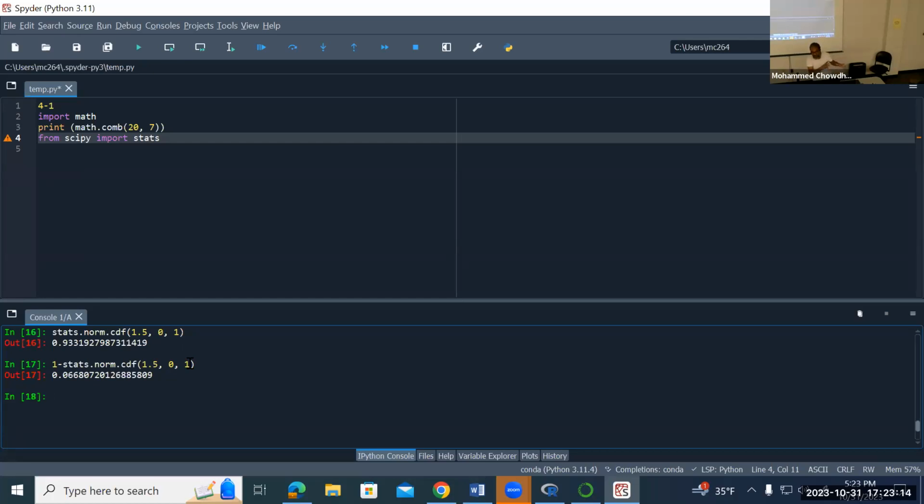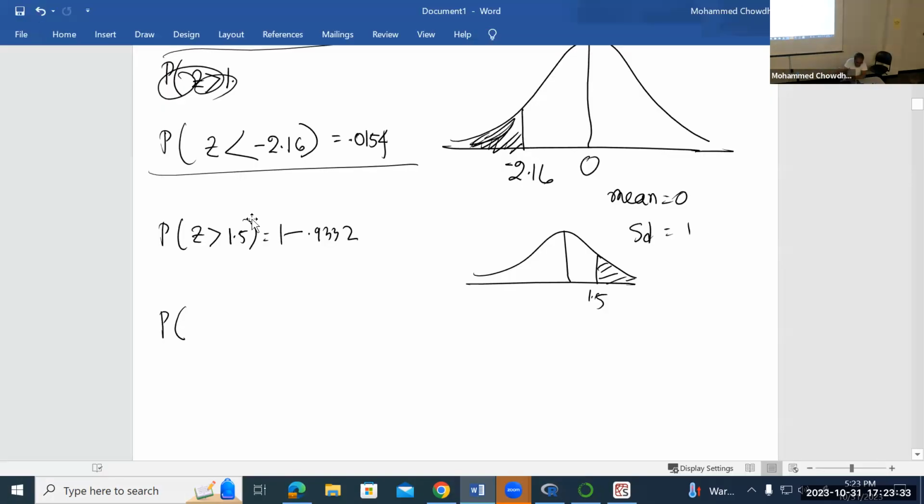Those are real life problems, right? Similarly, normal distribution is also a real life problem that I will discuss next week. But today I am discussing the normal distribution that has a zero mean and a standard deviation equal to 1.